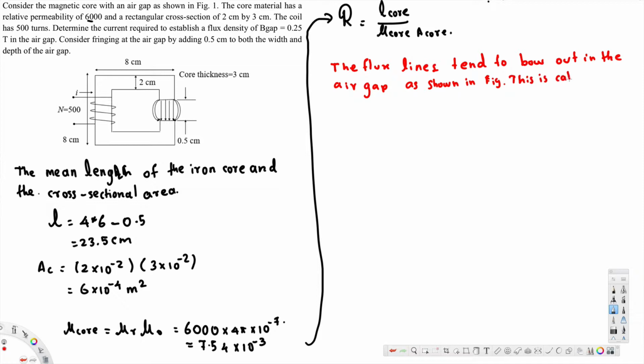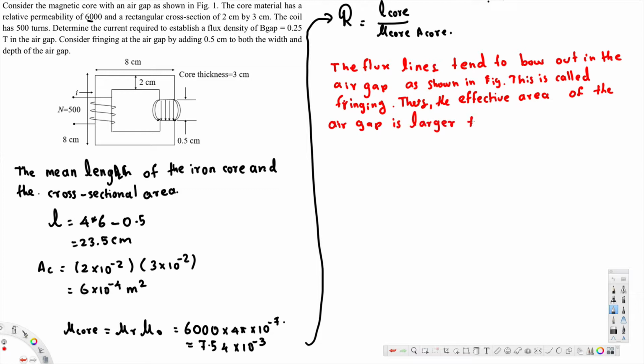Thus the effective area of the air gap is larger than the effective area of the iron core.